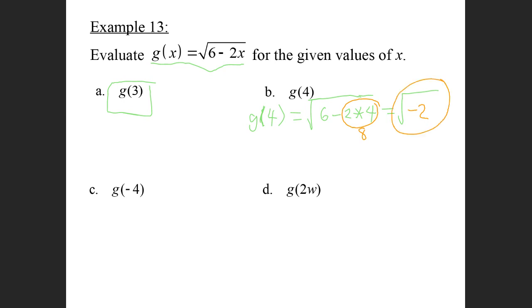Is it a real number? Try to use your calculator, radical of minus 2, and see what the answer is. Math error. Yes, thank you, sir. So this answer does not exist.